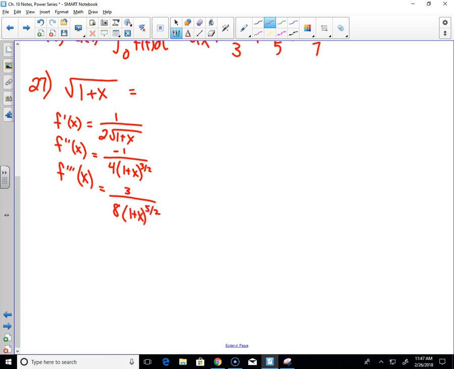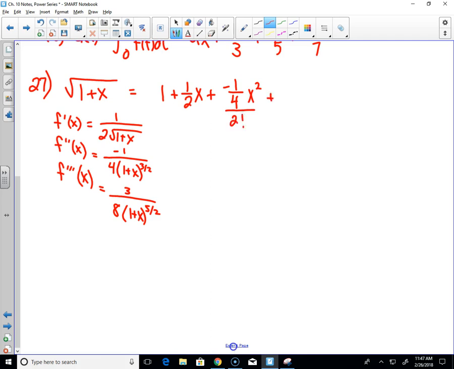Yes. Okay, and then what are we supposed to be plugging in? Center that around? Yeah, 0. So the first 4 non-zero terms, f of 0 would be just 1, right? F prime of 0 would be 1/2 times x minus 0, all over 1 factorial, plus f double prime of 0, negative 1/4, times x minus 0 squared, all over 2 factorial.